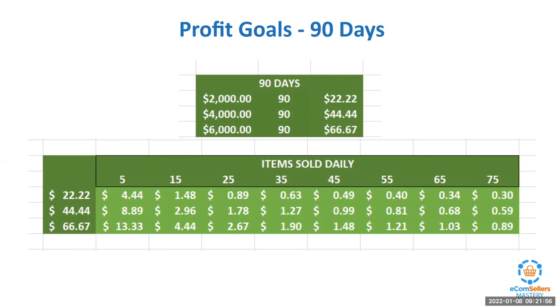And you want to allow yourself, at least in the first 90 days, to get a rhythm going with your business. So if your goal in that 90-day period is to at least make $2,000, you have to know that your revenue that comes in needs to be at least $22.22. Because again, I do everything based on a 90-day window to give something a try. 90 days to 6 months.